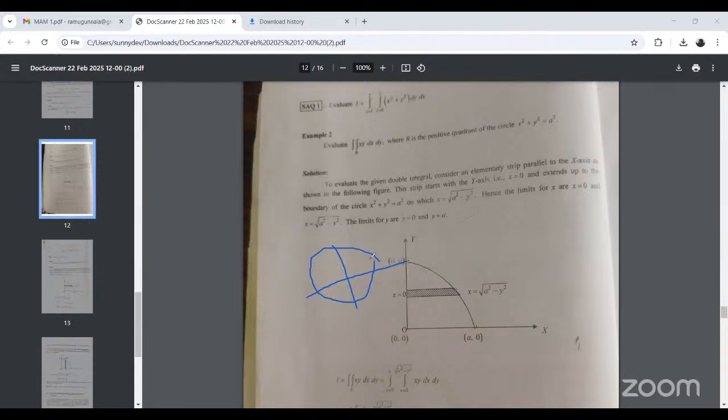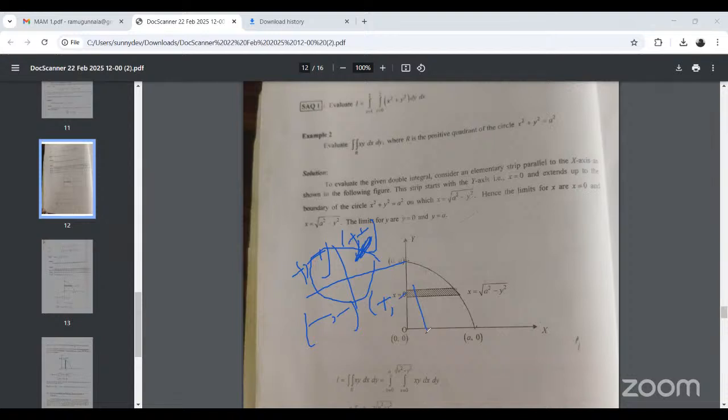Positive means x-axis positive and y-axis positive. Why? Because this is plus plus, this is minus plus, minus minus, and plus minus.